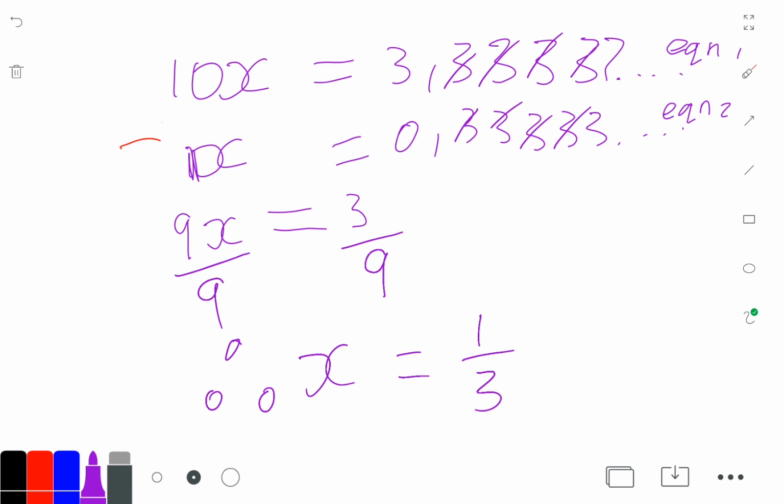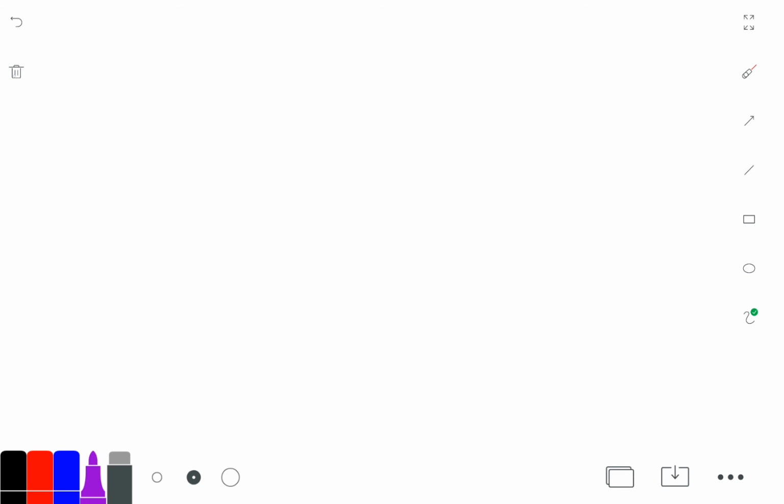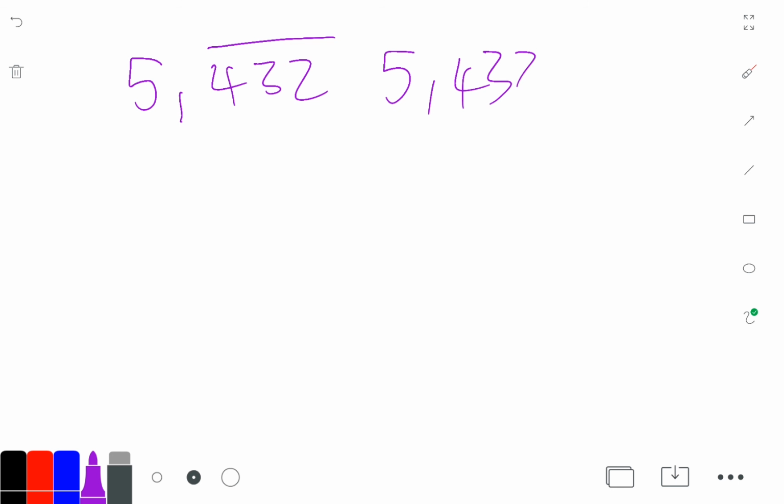It now gets interesting. Suppose you are given 5,432 with a bar, or you can use the dots if you want. To avoid confusion, this is the same as 5,432 4, 3, 2, 4, 3, 2 to infinity.